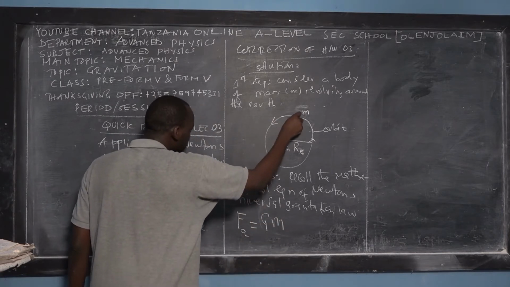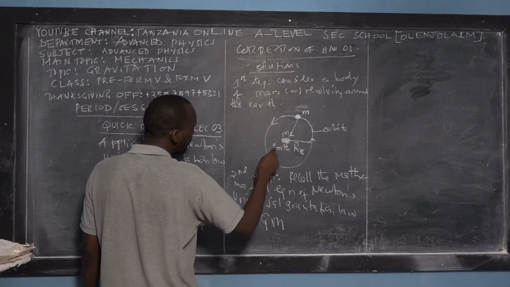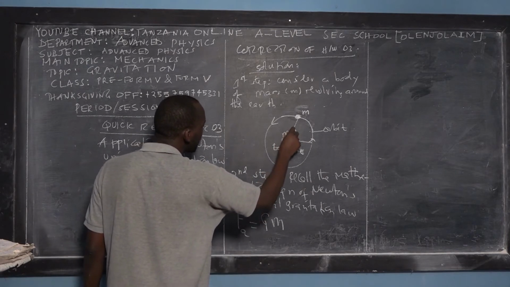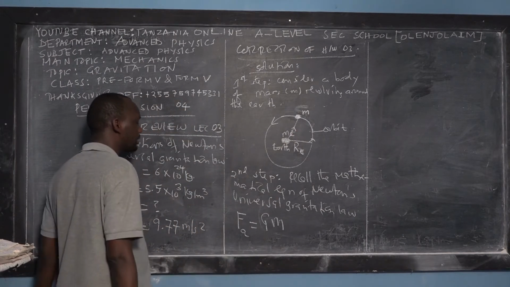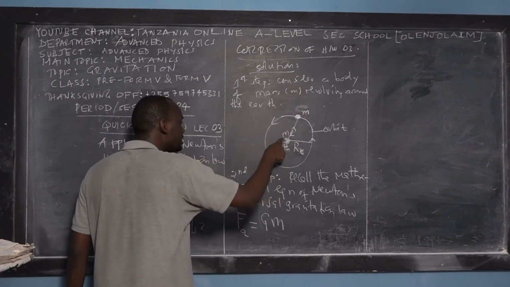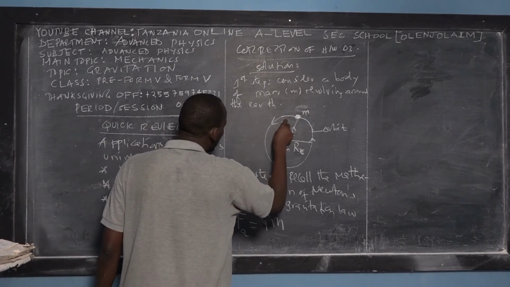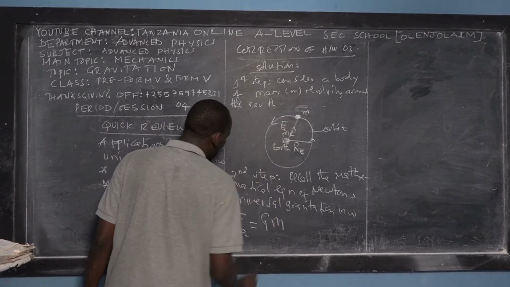So here we have the mass of the body, which is attracting the S, and the S is being attracted by this. So this body is attracting the S, and the S is attracting what? The mass. And this force of attraction we call F subscript A.